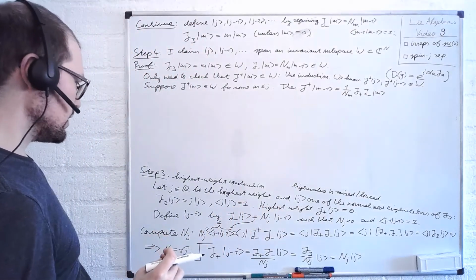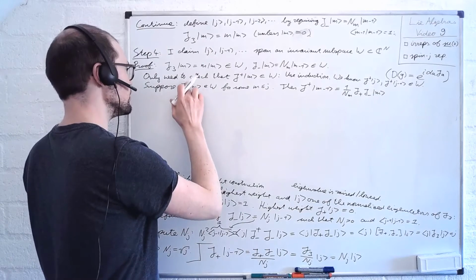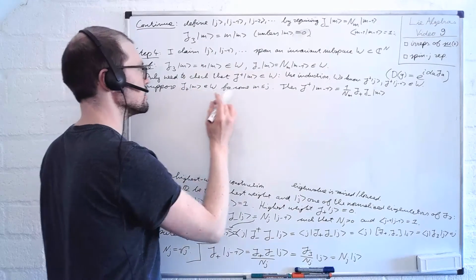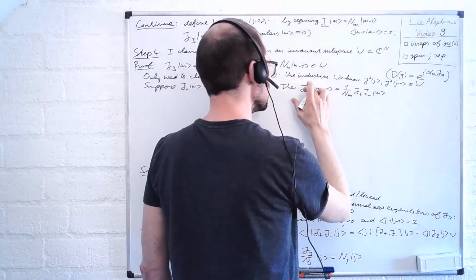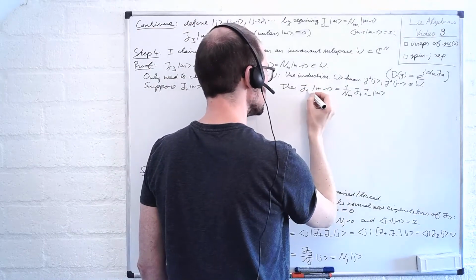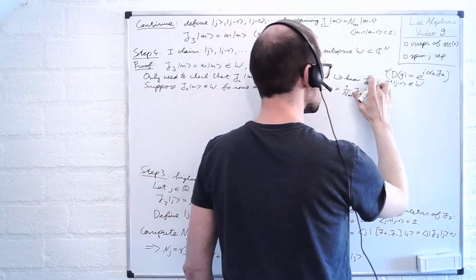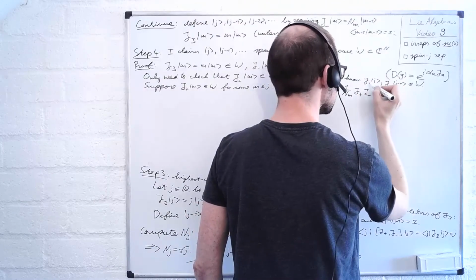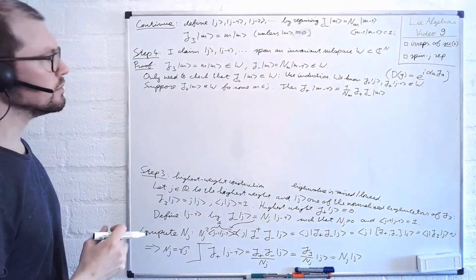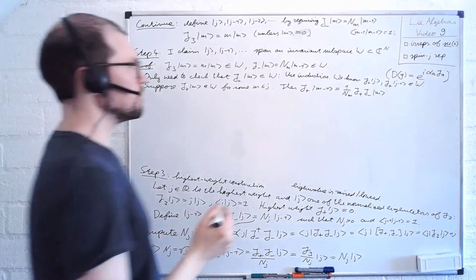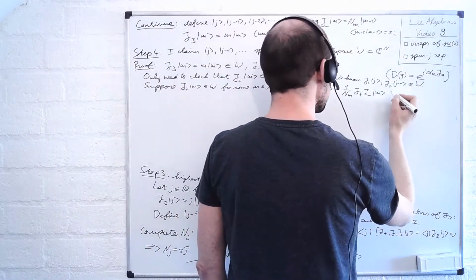I see I'm a bit inconsistent with the position of the pluses and minuses, so let me put them all downstairs to not run into any confusion with the Hermitian conjugate. And then we use the commutation relations.